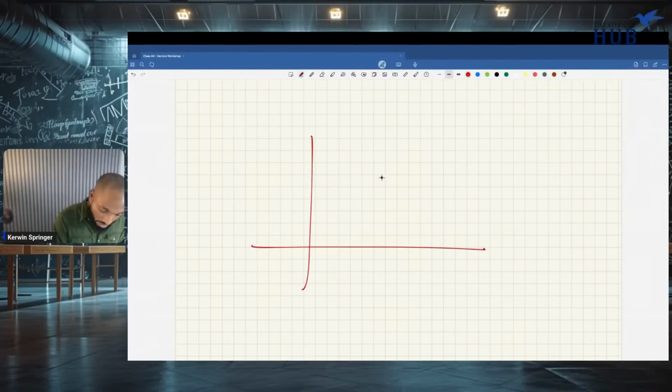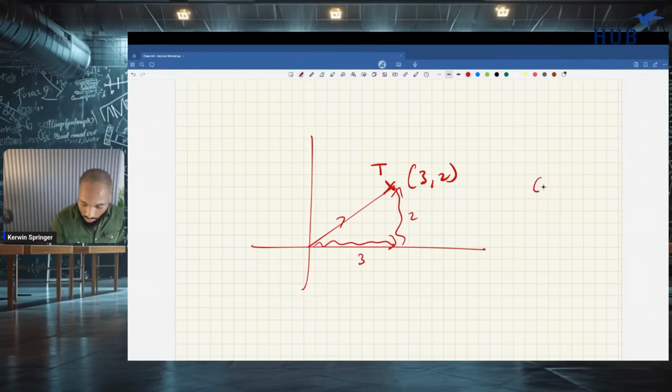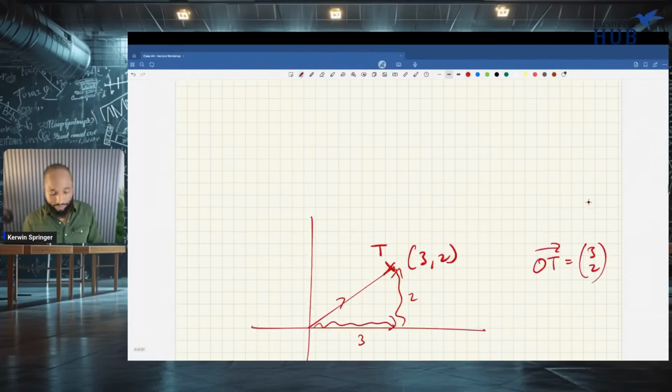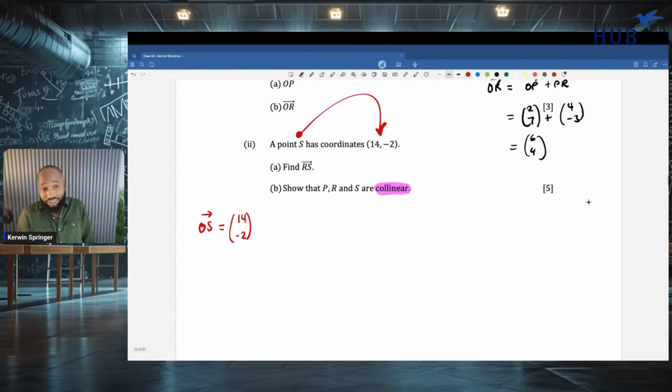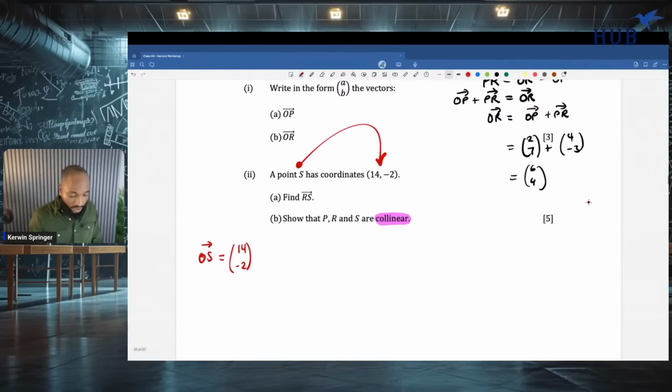If they give you a point, and they say this point is 3, 2, and that is point T, then the position vector OT means go across 3, go up 2. That's why OT will be 3, 2. There's nothing to understand there. Just follow my words, right?